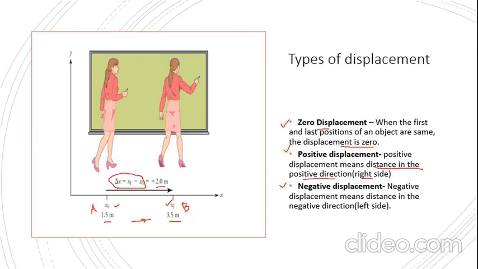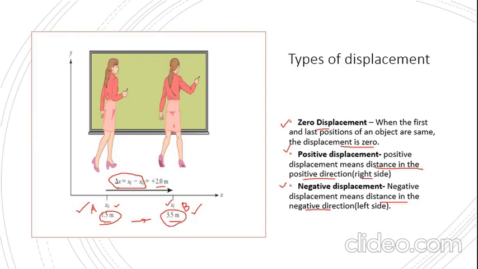And negative displacement. Negative displacement means distance in the negative direction. For example, if she wants to move from position B to position A, then what is the displacement taken by her? Here the final position is A, 1.5 meters, and the initial position is B, 3.5 meters.